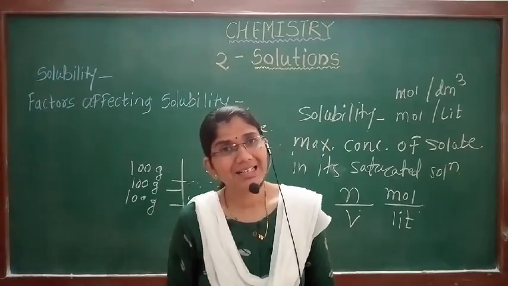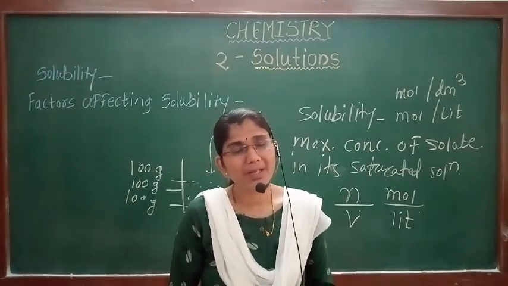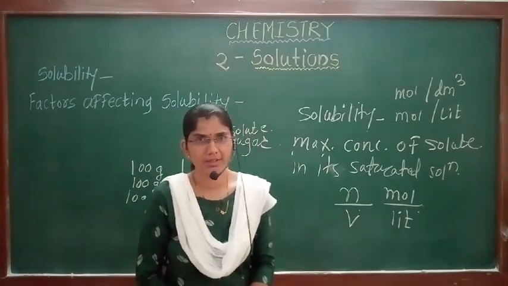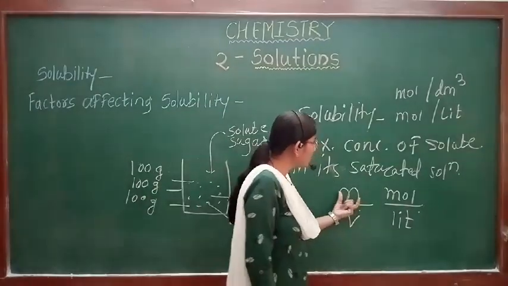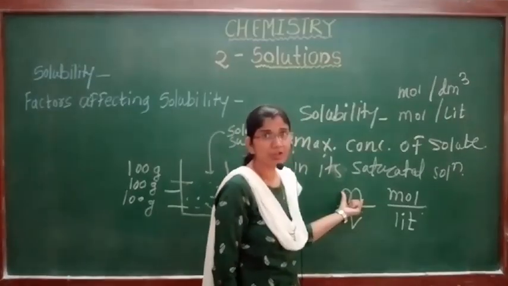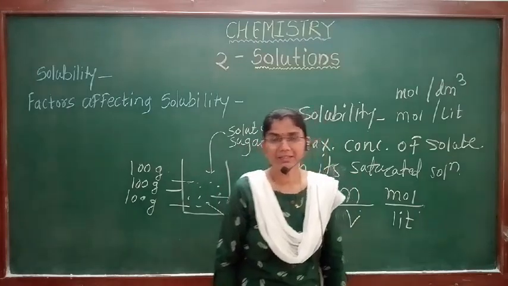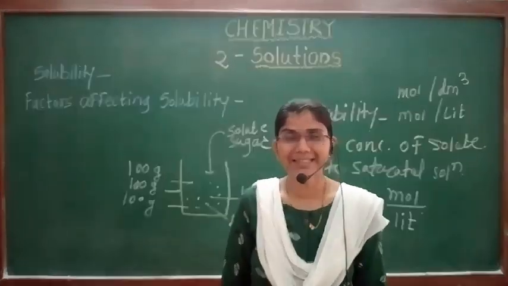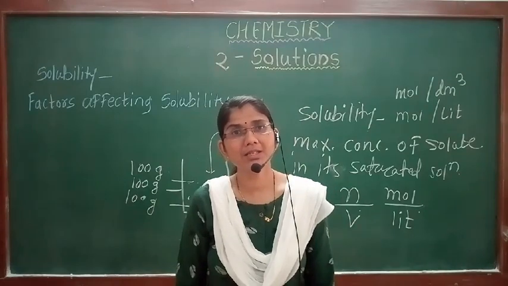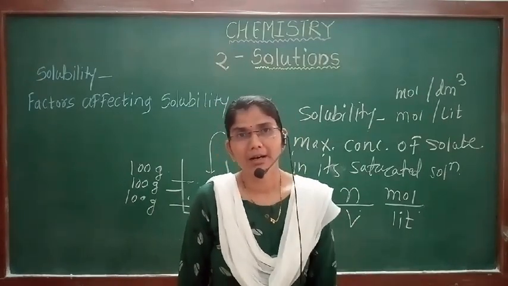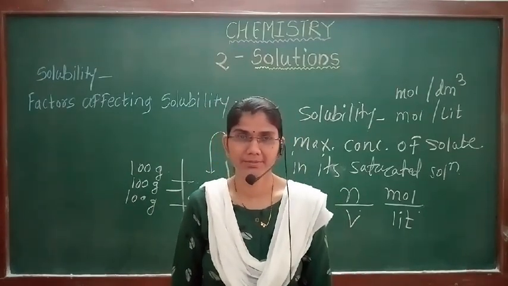So, there are various ways to express the concentration of the solution. Here, the concentration of the solute is M, and n means the number of moles, which can be calculated using various formulas from our mole concept.